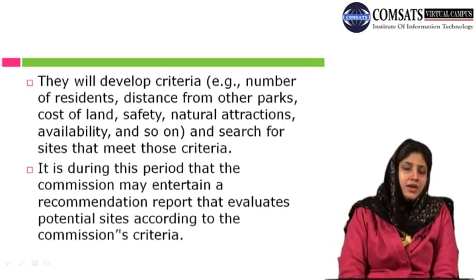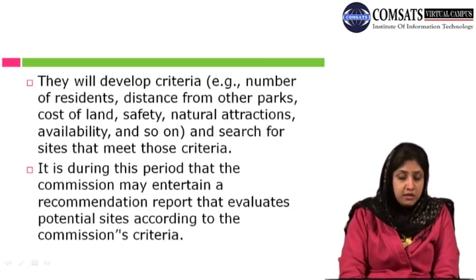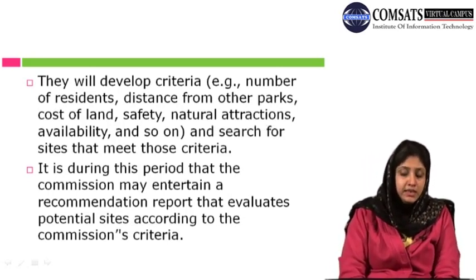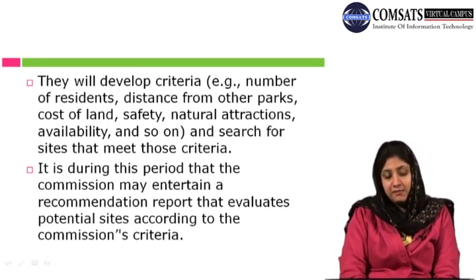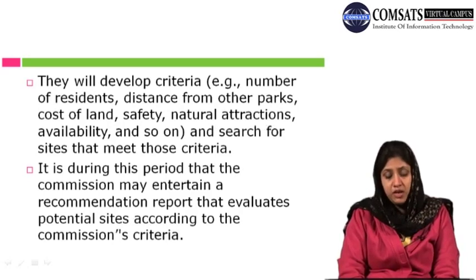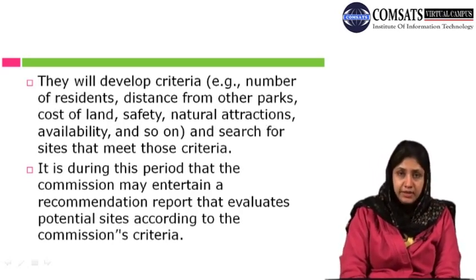They will develop criteria, for example, number of residents, distance from other parks, cost of land, safety, national attractions, availability, and so on, and search for sites that meet those criteria. It is during this period that the Commission may entertain a recommendation report that evaluates potential sites according to the Commission's criteria.